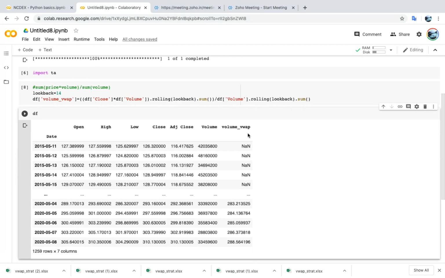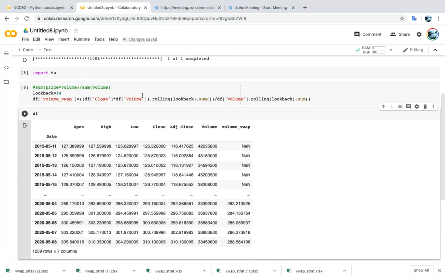You can see that there are a few initial rows with the not a number value. We have discussed this yesterday. Why is it coming? Because the initial 14 days are not being used in the volume VWAP, because it is taking the last 14 days of data to calculate the volume VWAP.